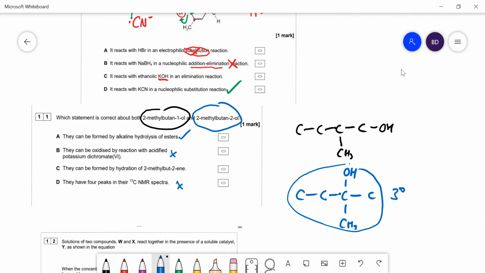That's wrong. They both give you 5 peaks. Yeah, you've got 5 separate carbons, and each one's in a different environment in both of those molecules. Formed by the hydration of 2-methyl butene. No, you can't do that. So let's move on. So the answer is A.